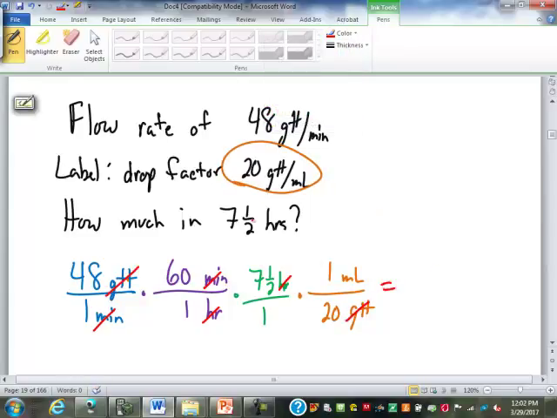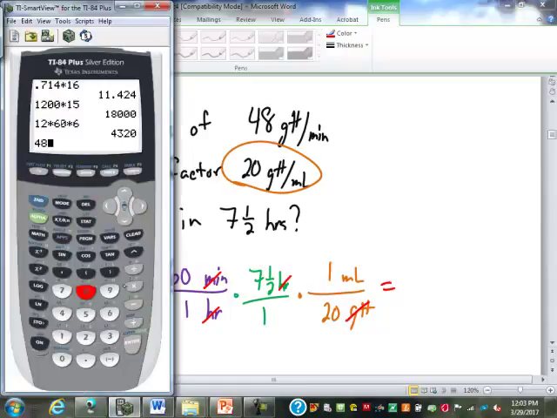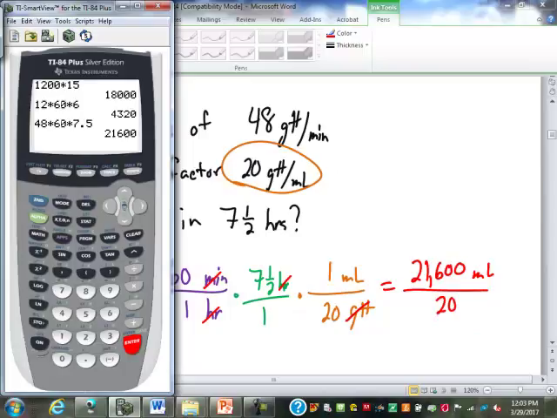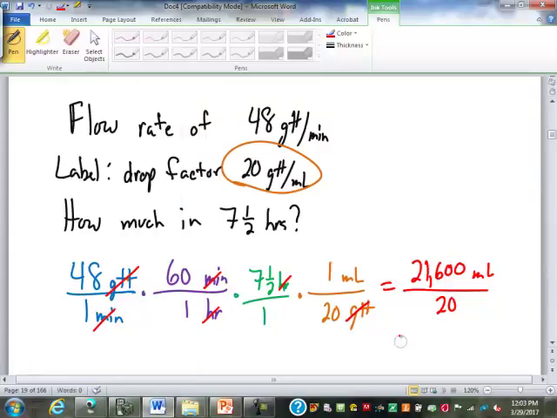We have 48 times 60 times 7.5 times 1 milliliter. 48 times 60 times 7.5 is 21,600. 1 times 1 times 1 times 20 is 20. So we divide that out. The 21,600 divided by 20 is 1,080 milliliters. So over that 7.5 hours, there will be 1,080 milliliters of fluid infused into that patient.